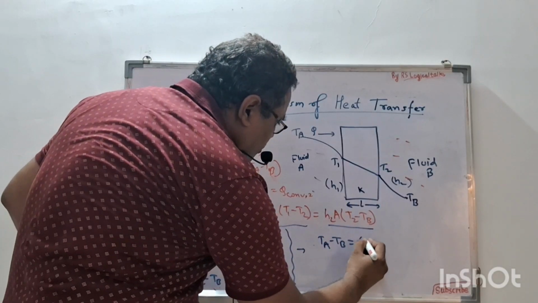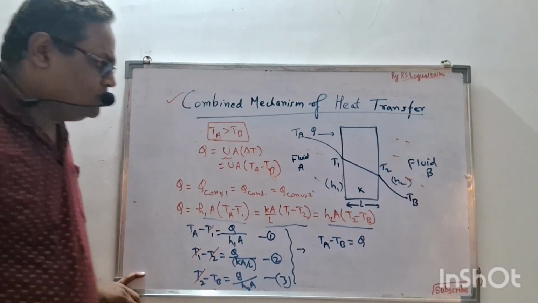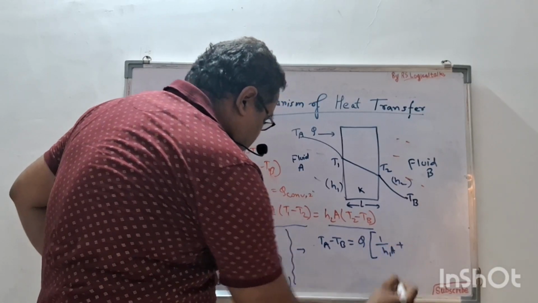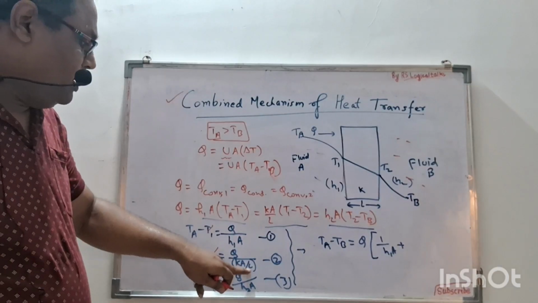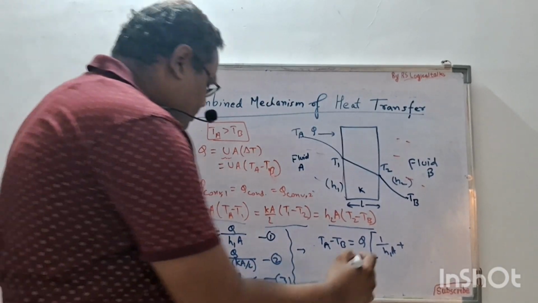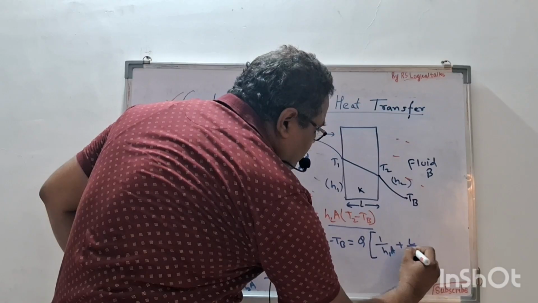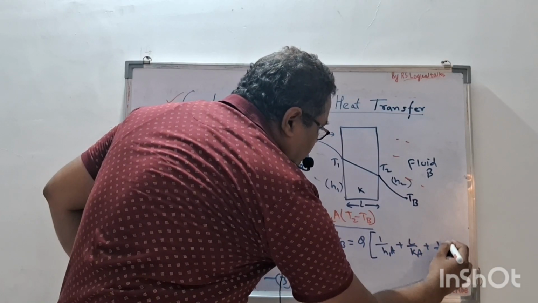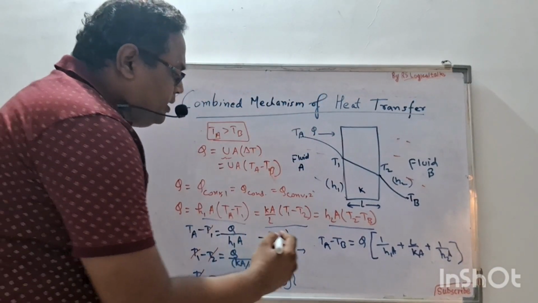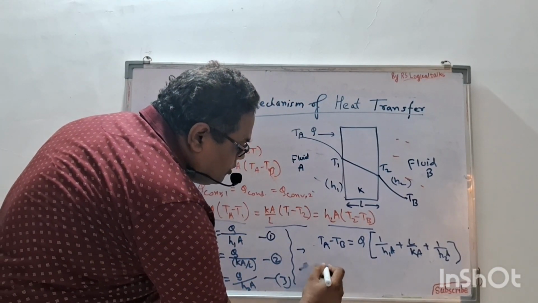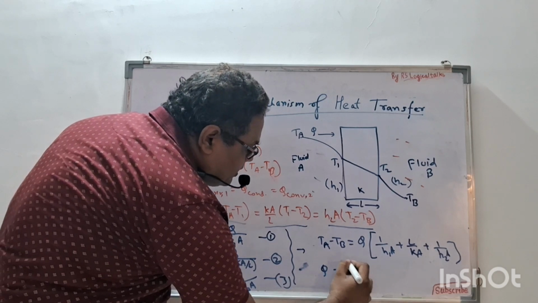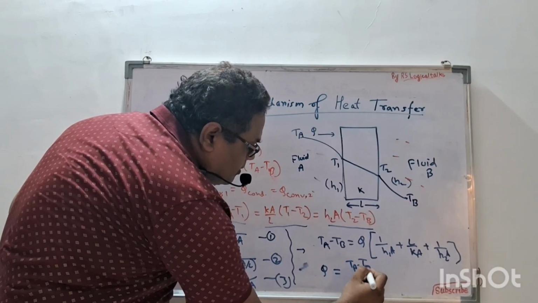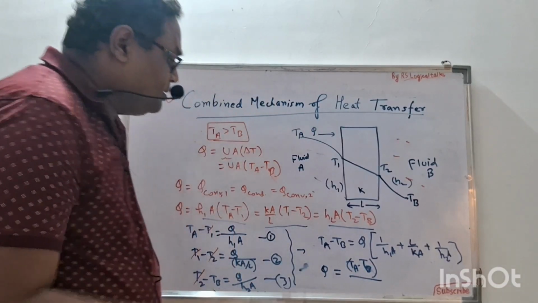Q will be common in all of these, so it will be Q times 1 upon H1A plus L upon KA plus 1 upon H2A. So Q equals TA minus TB upon this term.